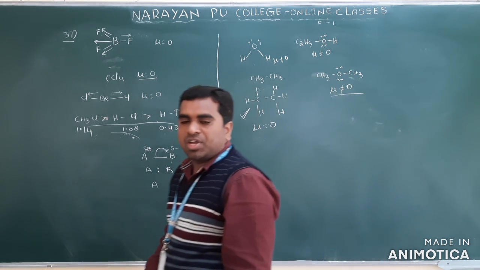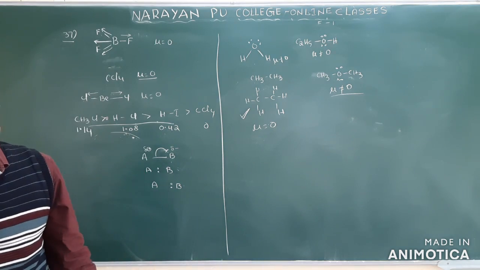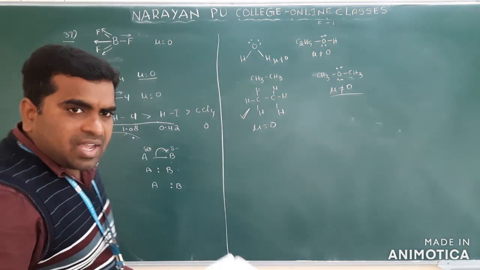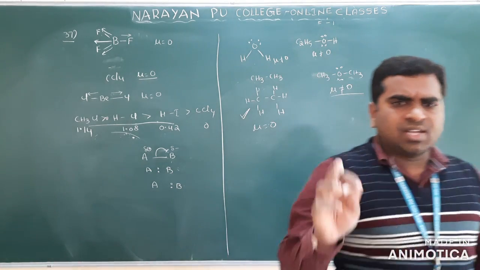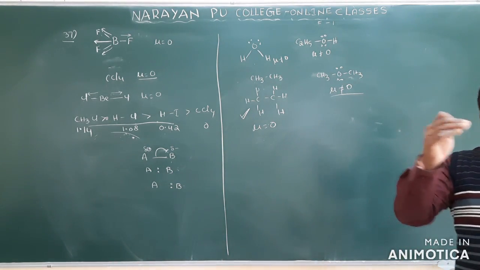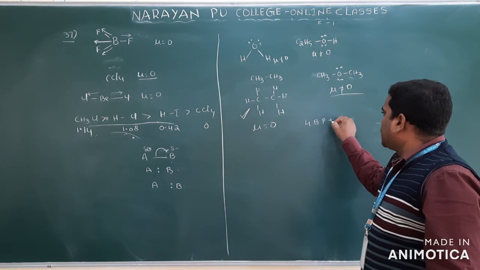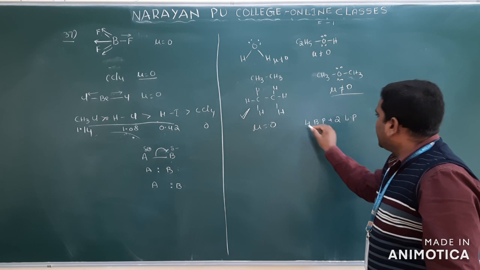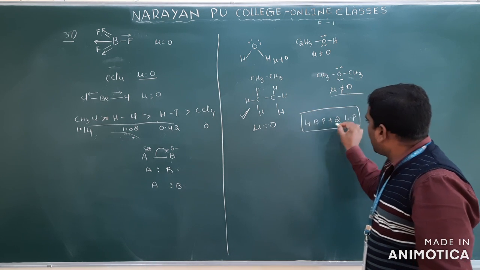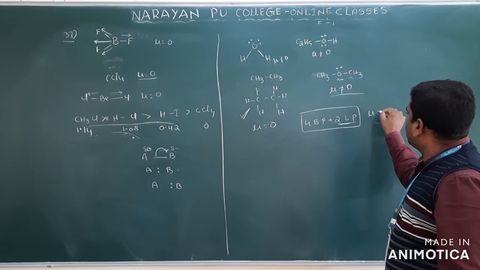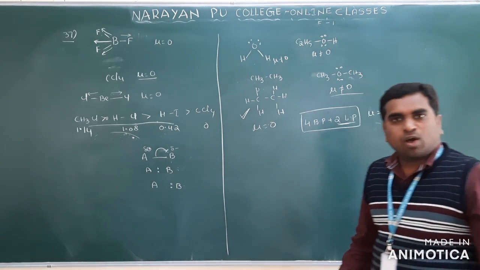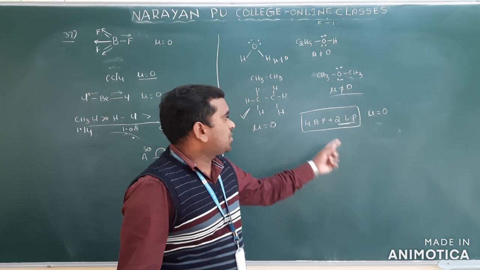When they do not have a regular shape, dipole moment is not equal to 0. That is the answer, except one condition, that is square planar. Whenever there are 4 bond pairs and 2 lone pairs, in that case only, lone pairs are there, but mu is equal to 0. That I already mentioned. This is the only exceptional case.